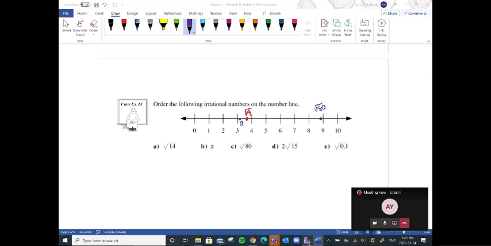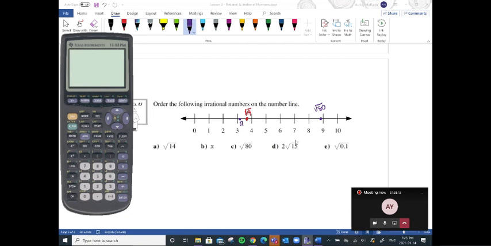2 root 15. How we would plug that in the calculator is exactly how it's written. What this actually means is 2 times the square root of 15, but we don't have to put the multiplication button in there. If you put just 2 root 15, the calculator knows that means multiply. But if you want to use the times sign, you can. I'm just going to do what it says on the paper.